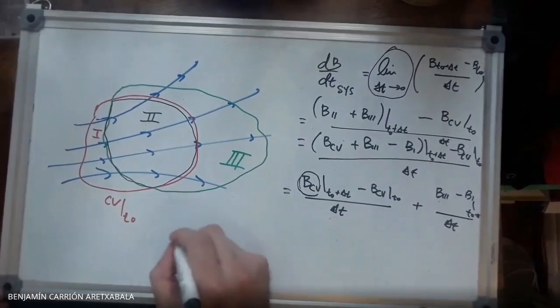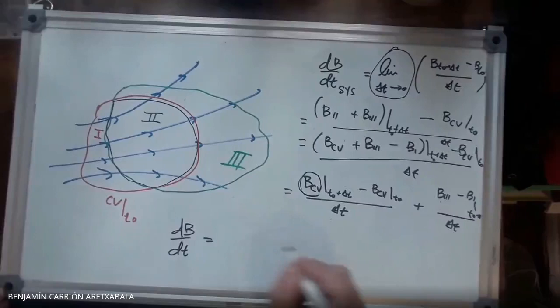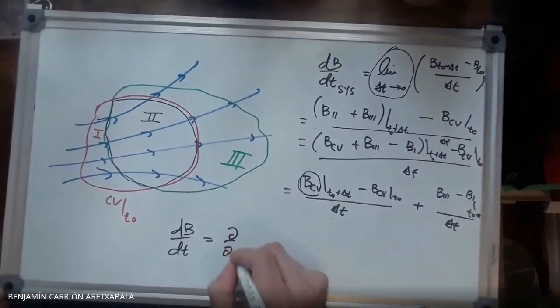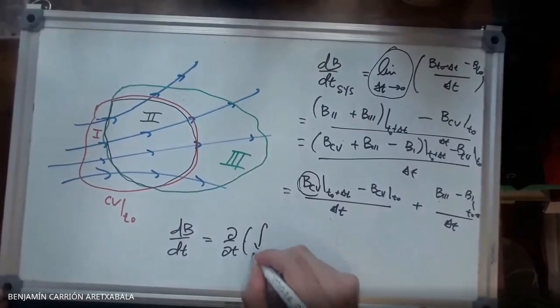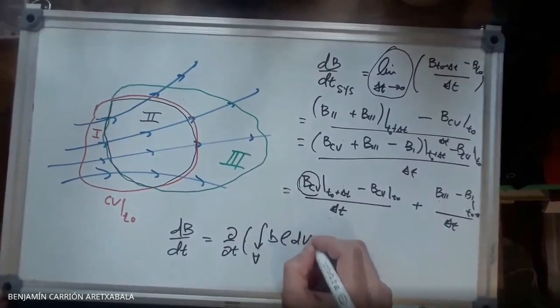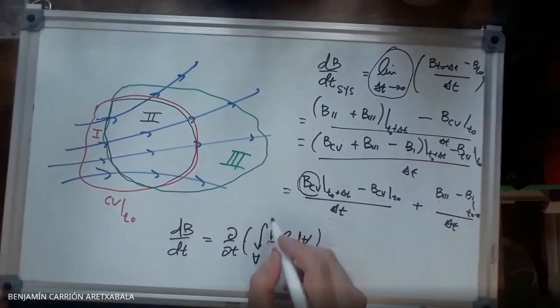Let me write that the B at the t is going to be, if you take the limit, the derivative with respect to time of the integral over the volume of small b rho dV. This is this part.